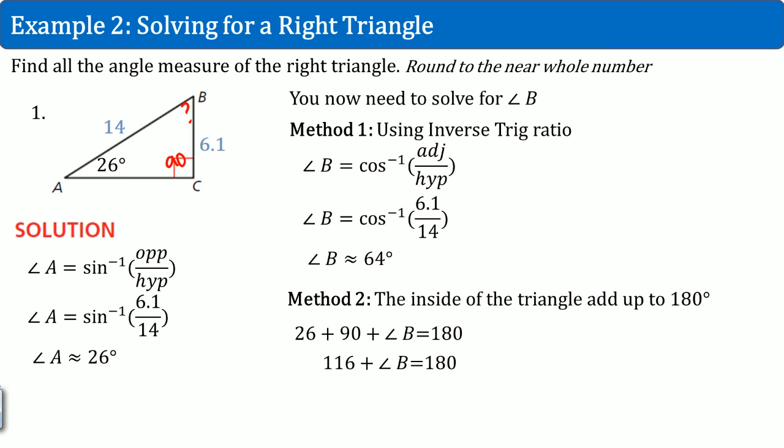Subtract 116 from both sides. You get angle B is equal to 64 degrees. Notice, either way you get the same answer. Good? All right. Next.